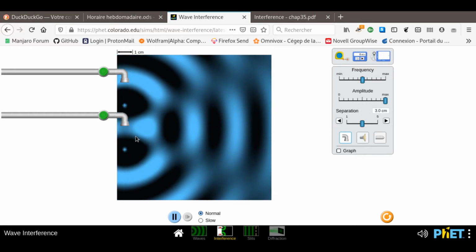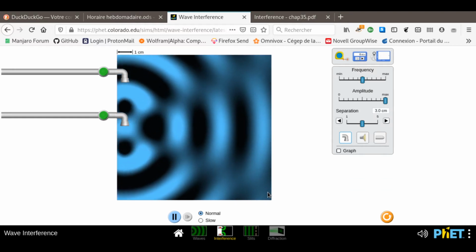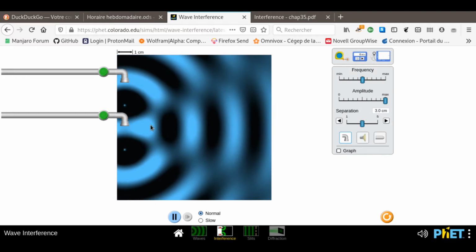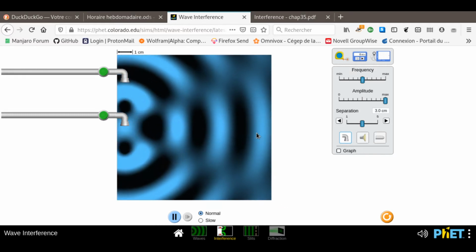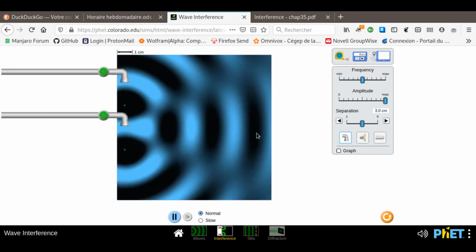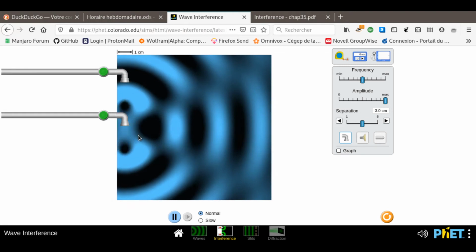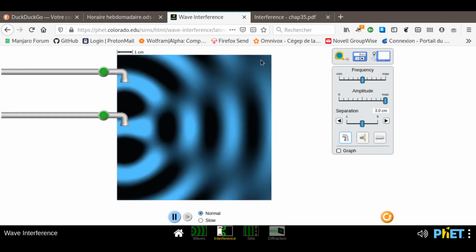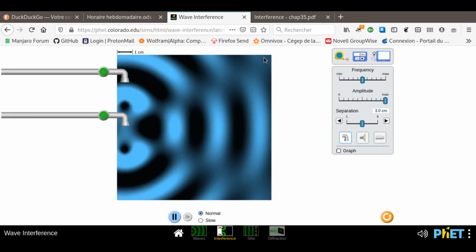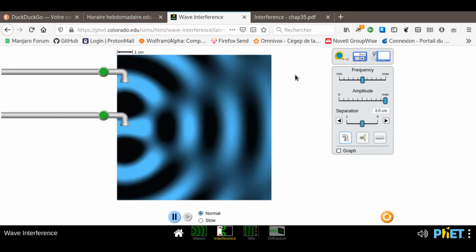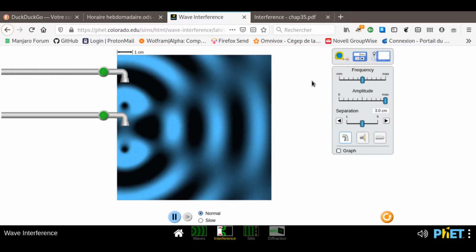So here is a case in which the two waves cancel each other to stay always at zero, while here we have a part in which the two waves added up to create a wave with a much bigger amplitude. Here we have constructive interference between the two waves, while here and here we have destructive interference, where they destroy each other to cancel each other.